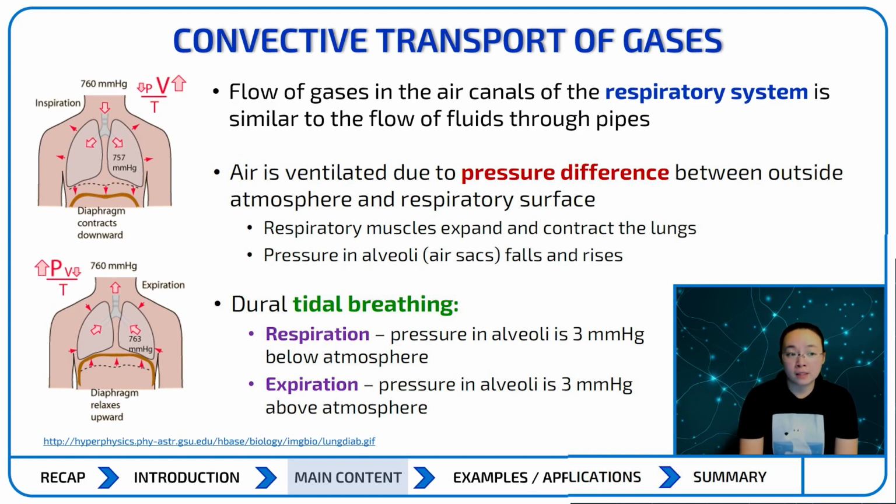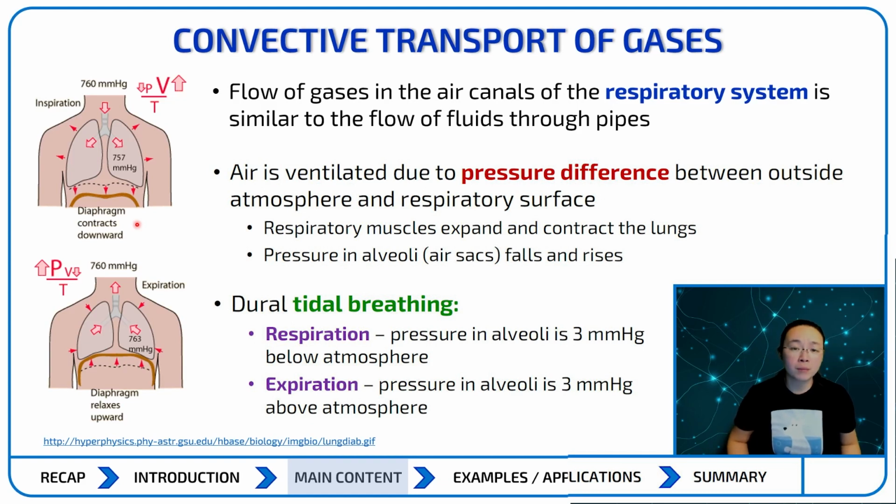Convective transport of gases really has to do with how your gases flow in the air canals of your respiratory system, and is going to be very similar to the flow of fluids through pipes. If we take a look at these 2 diagrams here, air is ventilated due to the pressure difference between the outside atmosphere and the respiratory surface.